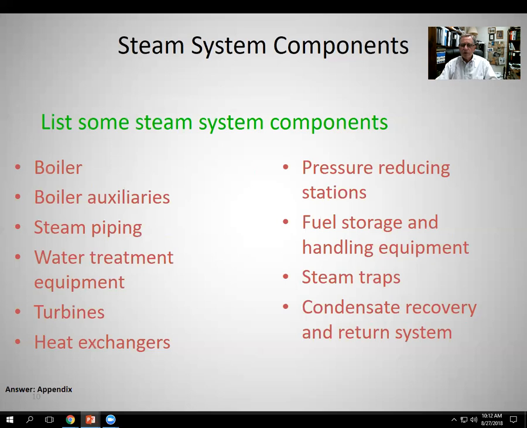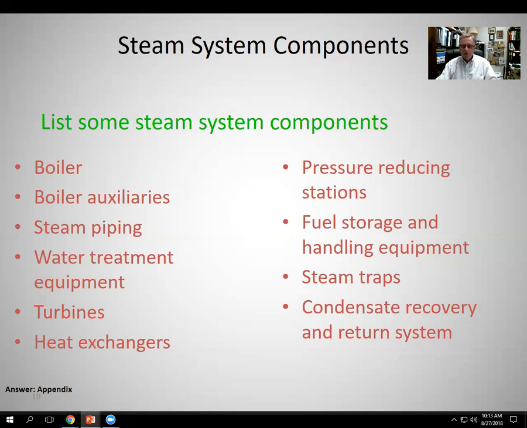Water treatment equipment, very important so that we don't foul up the internal heat transfer surfaces on heat exchangers and the boiler itself. Turbines for either electrical generation or to drive pumps, fans, air compressors, that sort of thing.